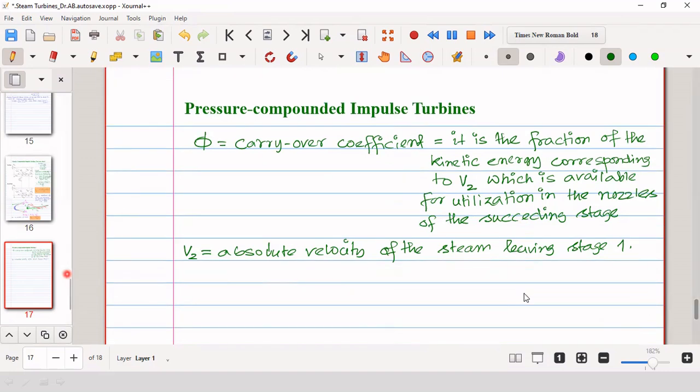So kinetic energy, or rate of kinetic energy you can say, is m dot into V2 square by 2.